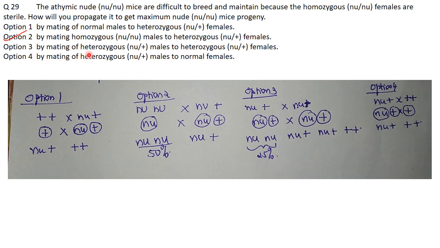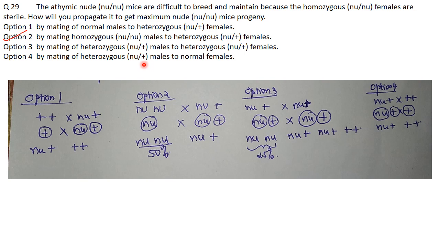Then by mating heterozygous nu/+ males to heterozygous nu/+ females. There also you get nu progeny, but it is only 25%. The next is by mating of heterozygous nu/+ males to normal females.